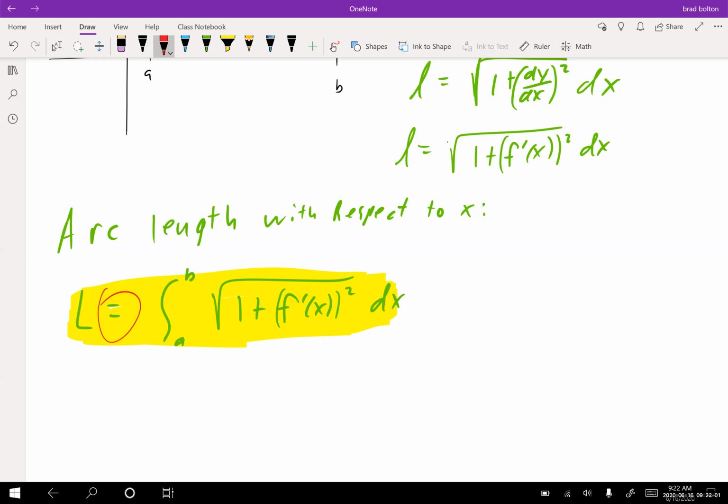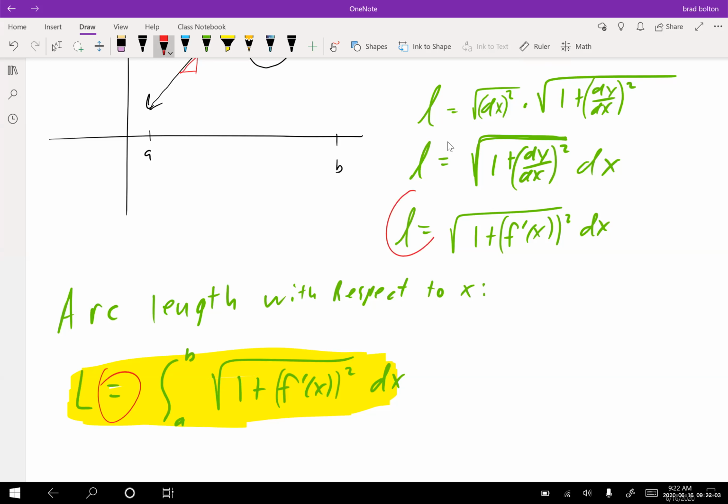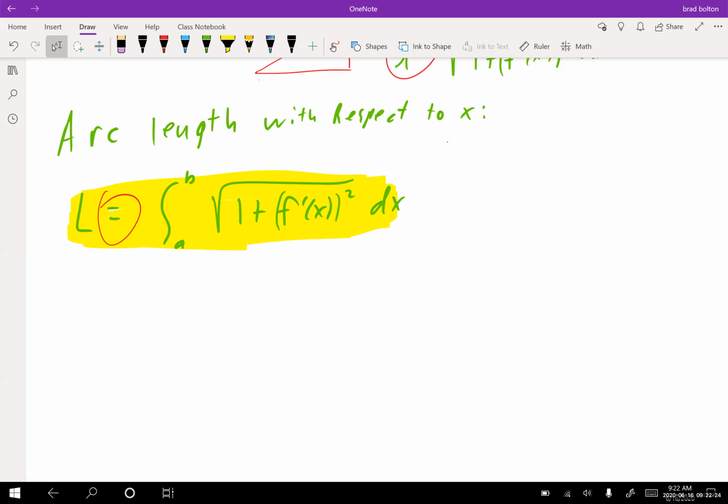So up here, this arc length would have only been for that one triangle that I drew, as an approximation, okay? But now we're approaching an infinite amount of them, and that means we're able to find the exact arc length, okay? So this is the formula for that one.